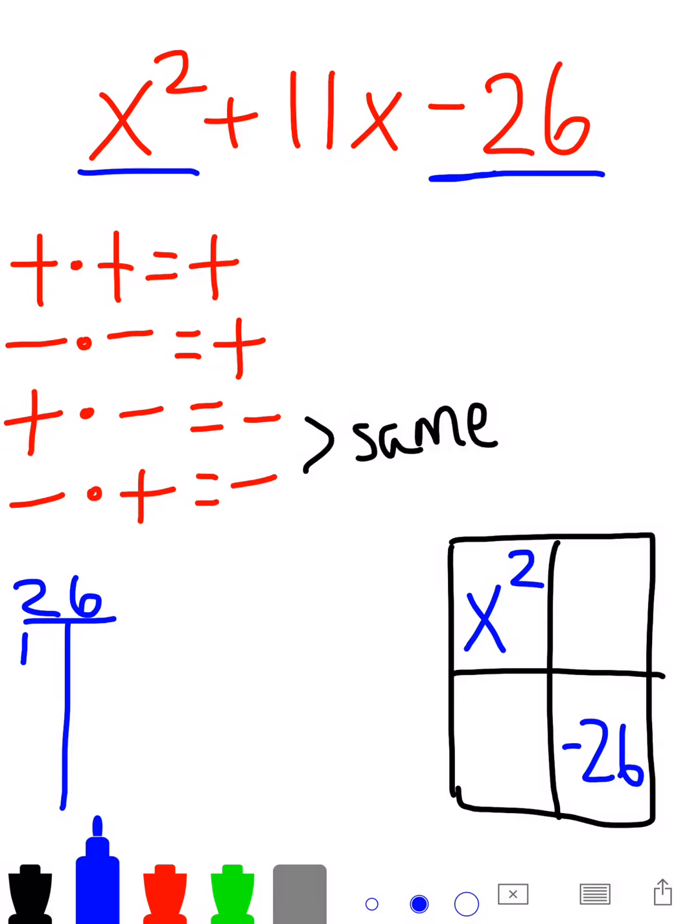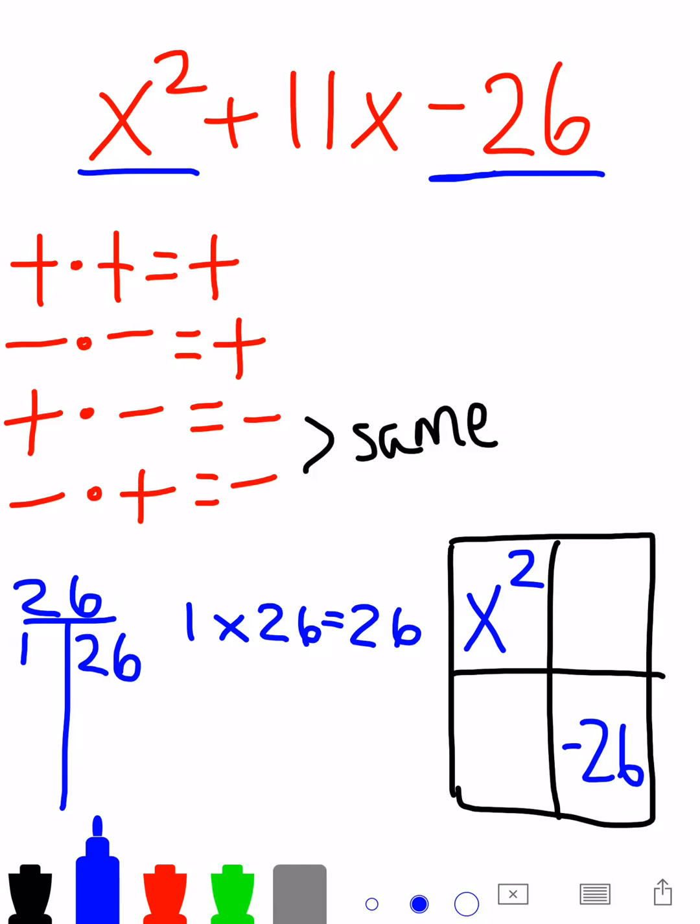What times the number 1 will give us 26? Well, 1 times 26 will give us 26. Remember, I like to go ahead and check and see if these two numbers will add or subtract to give me that middle number. So 1 times 26 gives me 26.